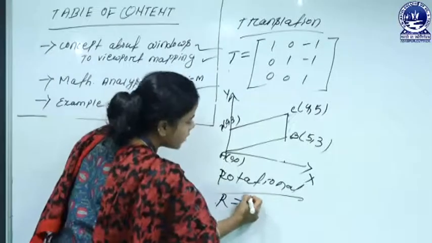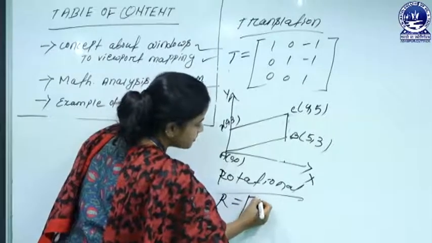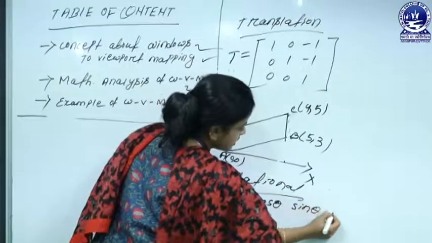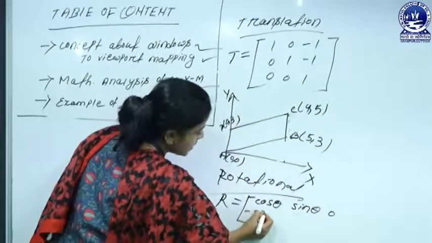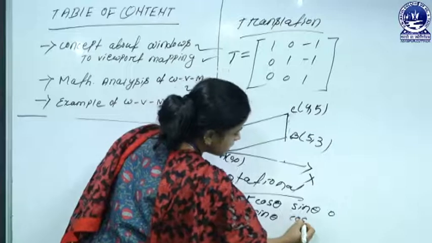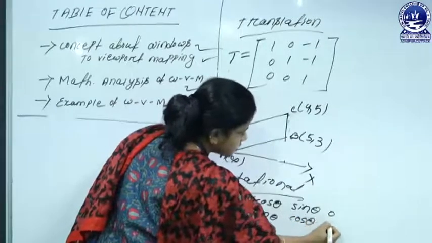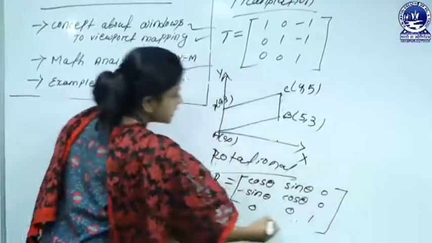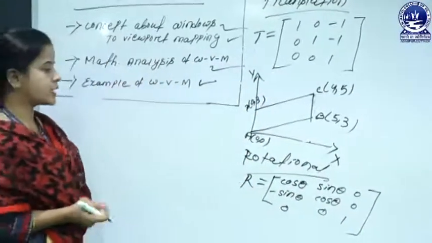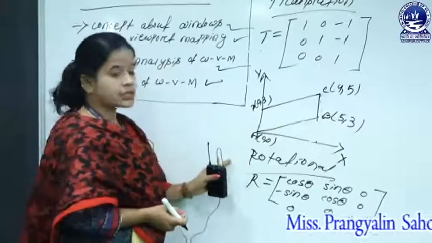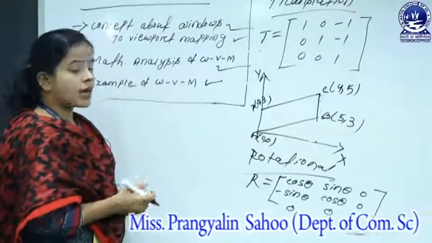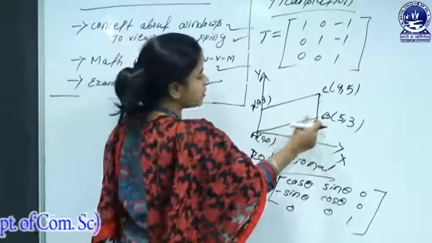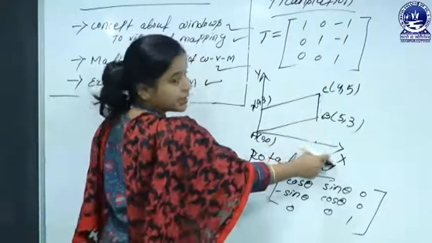Here the matrix is cos theta, sin theta, 0, minus sin theta, cos theta, 0, then 0, 0, 1. So this is the matrix format of rotational elements or rotational transformations. So now to check how we change the b coordinate value to be parallel to the x-axis.